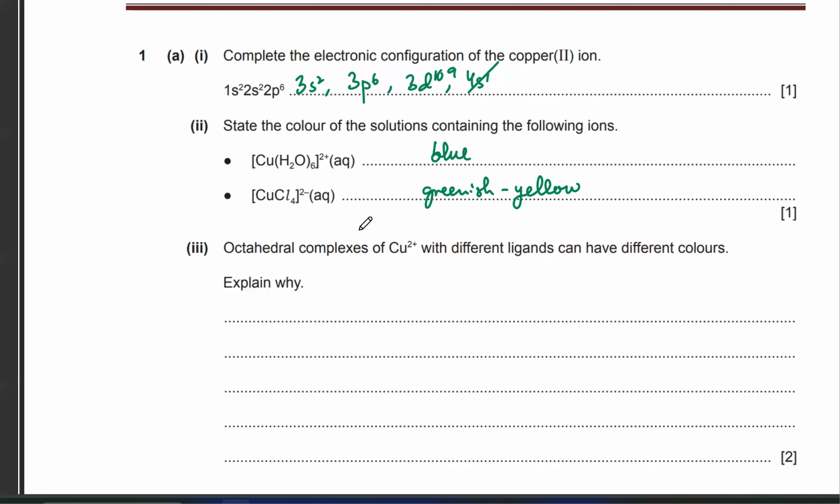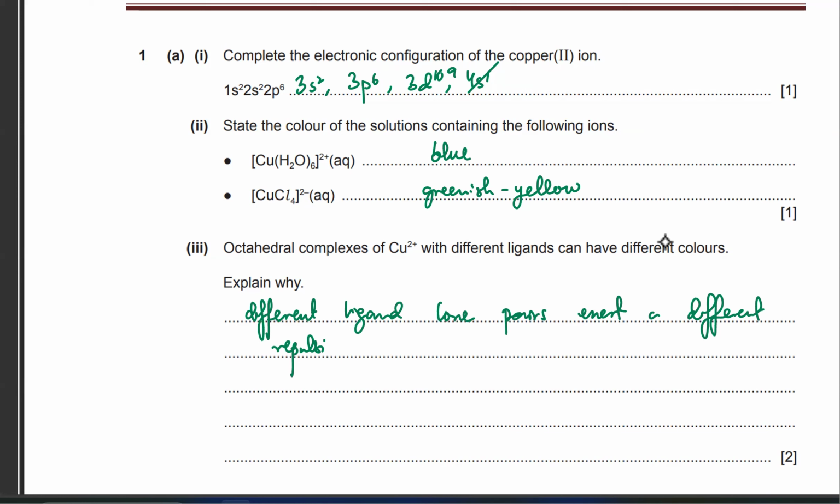Yes, sir. And this is the same question. It's a 2-mark question. Different ligands can have different colors. So why do they have different colors? Because different ligand lone pairs, but it's the same question. They're going to ask you typical questions. So different ligand lone pairs exert a different repulsion on the d subshell.